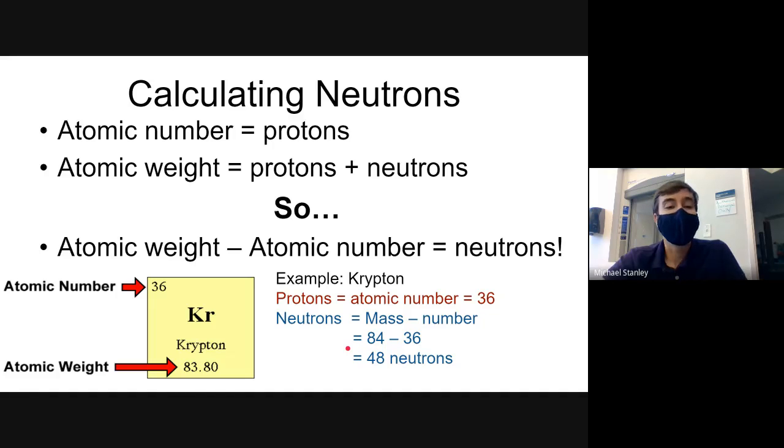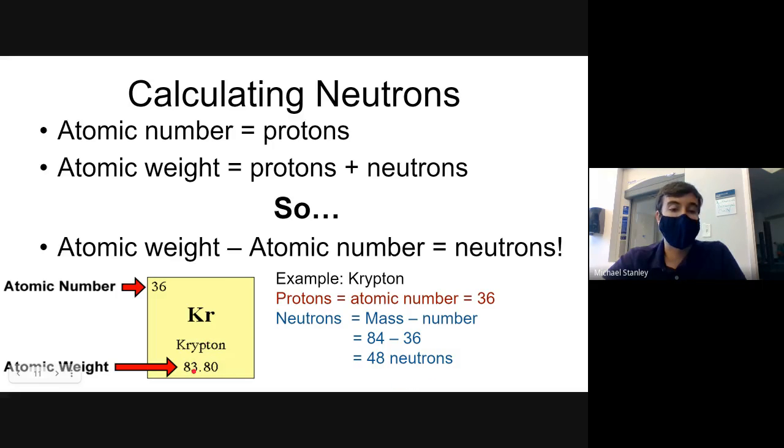So we took the atomic weight, which is the protons and neutrons together, and took away the atomic number, which is just the protons. If we take the protons and neutrons together and take away the protons, we are left with the neutrons.